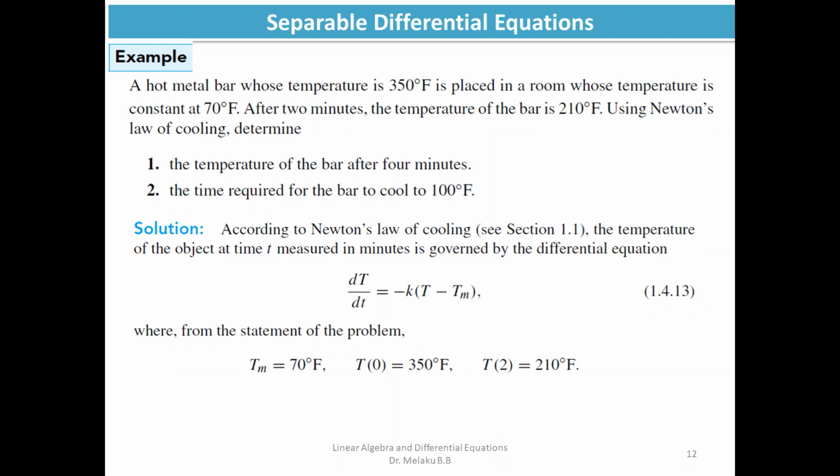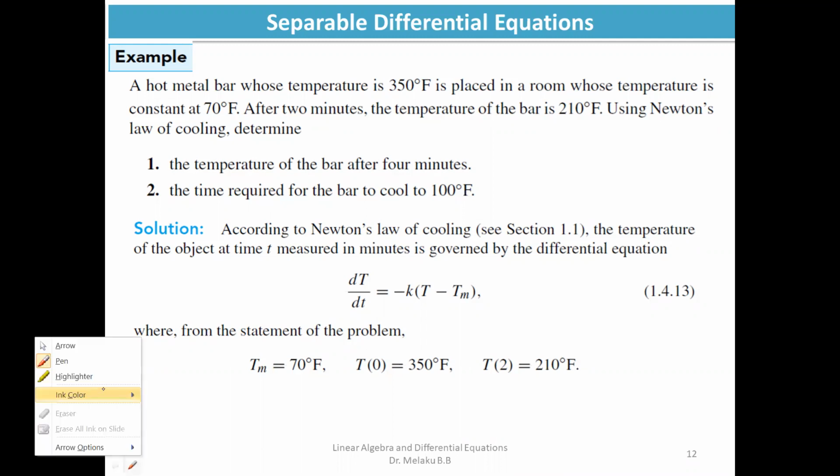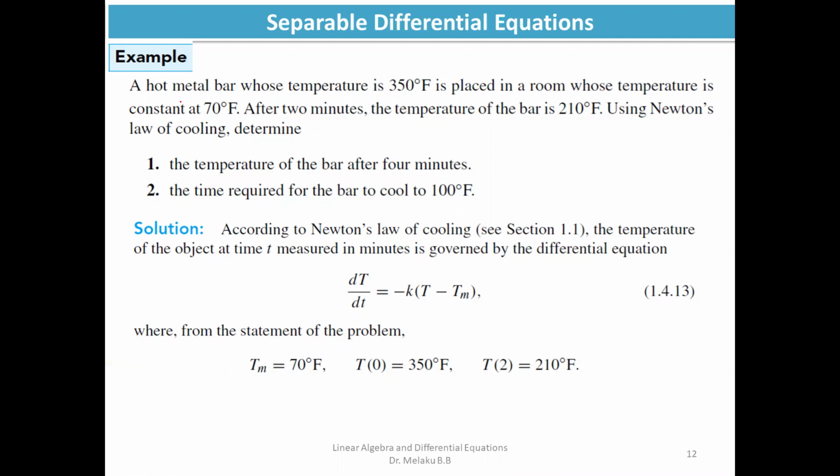Here, let's consider a marker. The question is so interesting. It says a hot metal bar whose temperature is 350 degrees Fahrenheit is placed in a room whose temperature is 70 degrees. We have a metal bar whose temperature is 350, and we place it in a room having a temperature of 70 degrees.